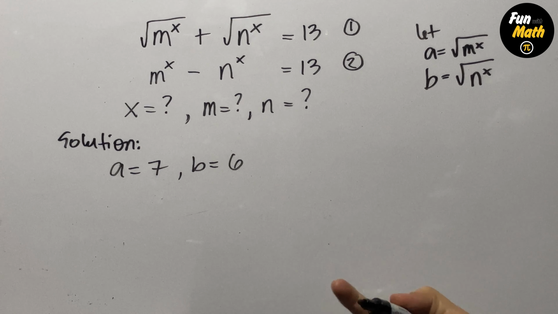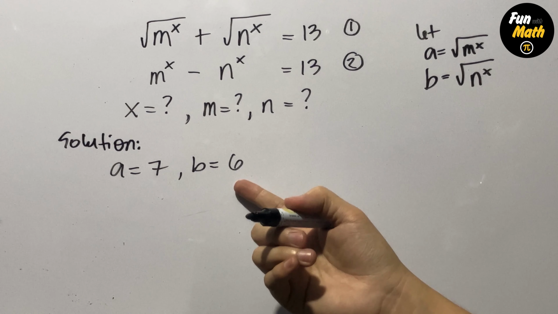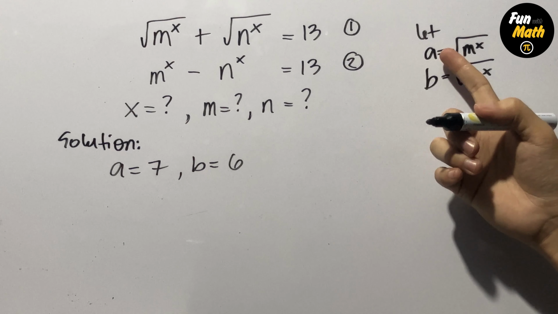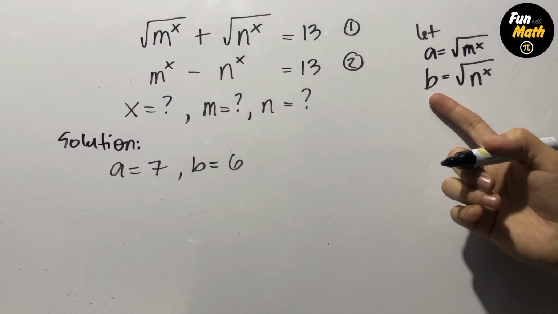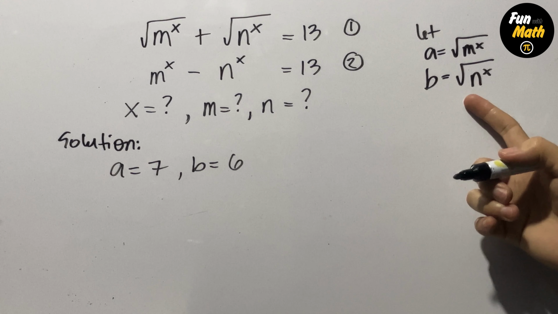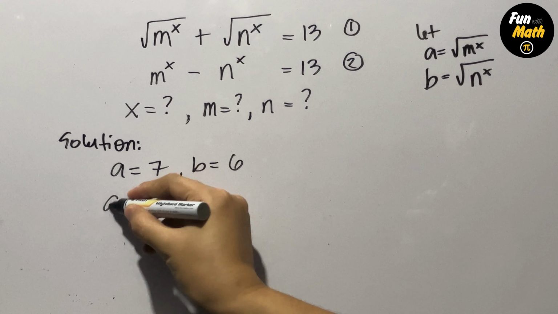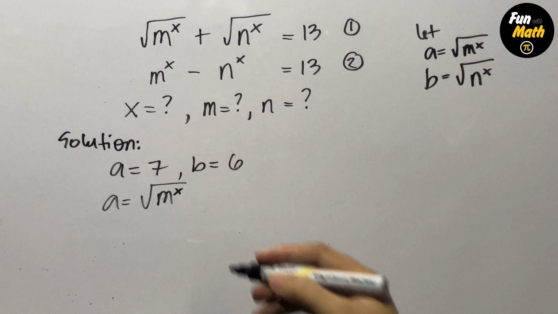Now, since we have the value for a and b, which is 7 and 6, let's recall that earlier we let a be equal to square root of m to the power of x, and b be equal to square root of n to the power of x. So for a, that is a equals square root of m to the power of x.